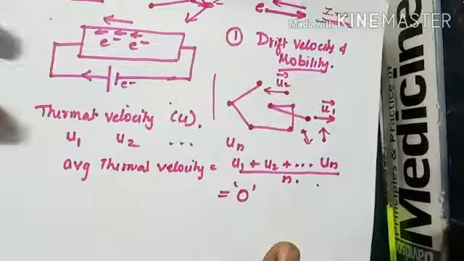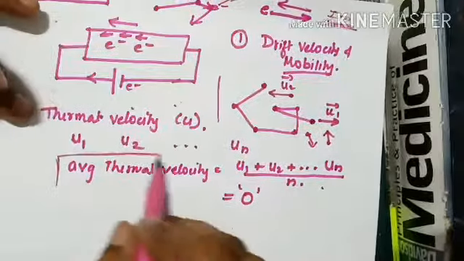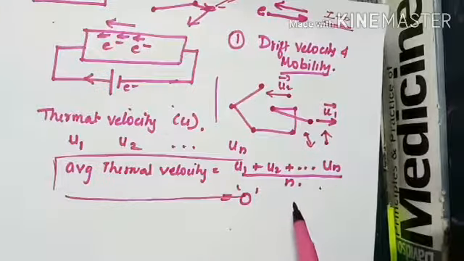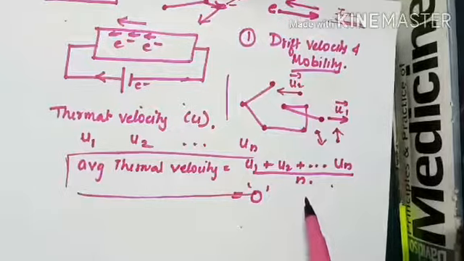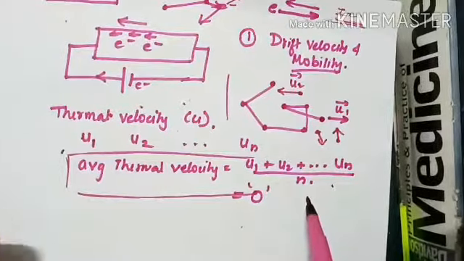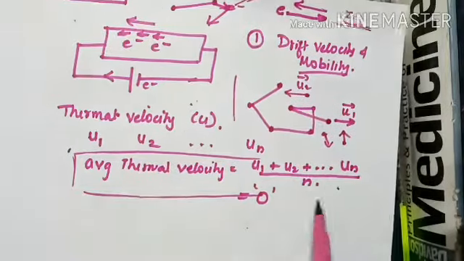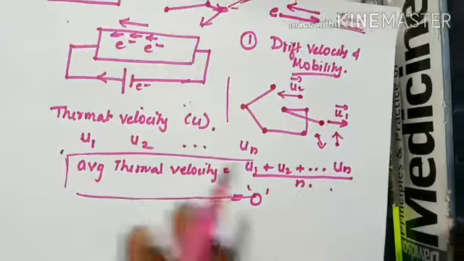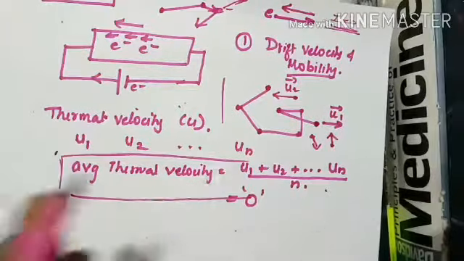This much is clear. This is very important, guys. The average thermal velocity of electrons is equal to 0, right? So electrons are moving in random directions, so they are having average velocity 0, meaning no electrons are moving in any particular direction.